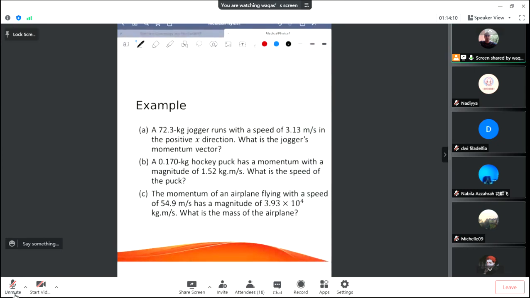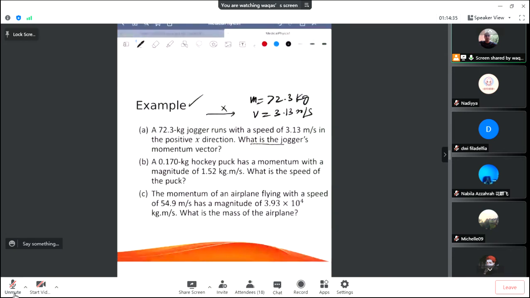For example, here is an example question. A 72.3 kg jogger runs with a speed of 3.13 meters per second in the x direction, like in this direction.